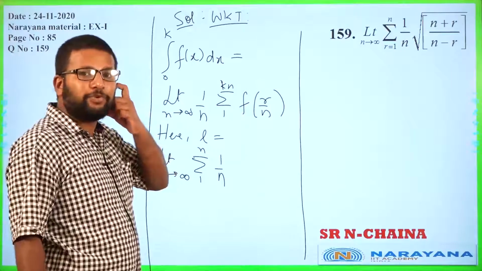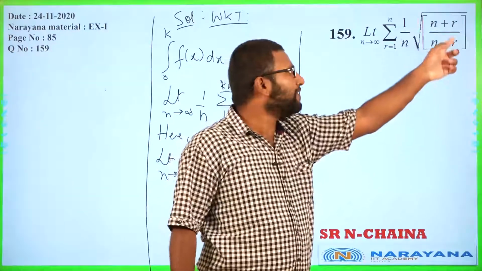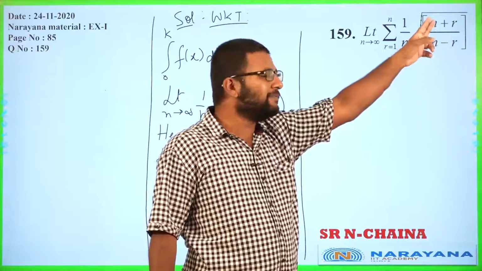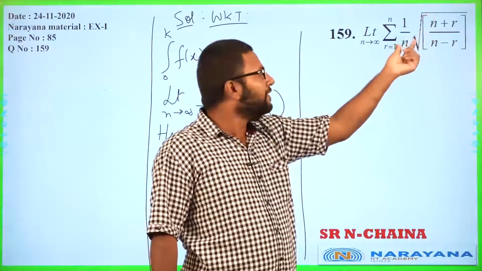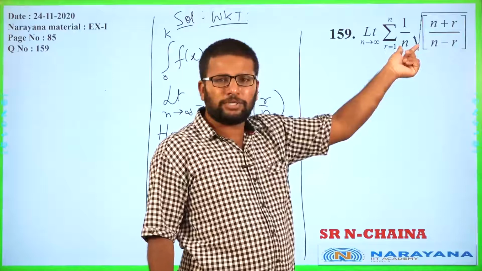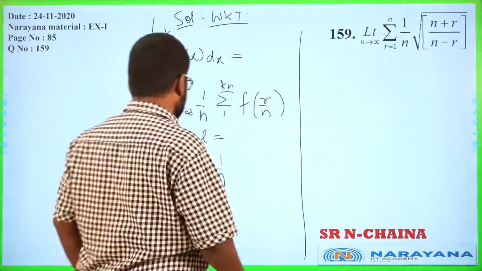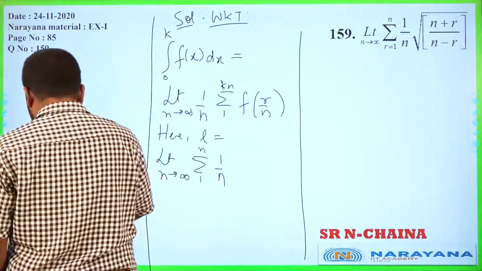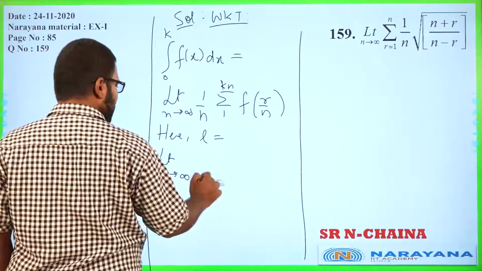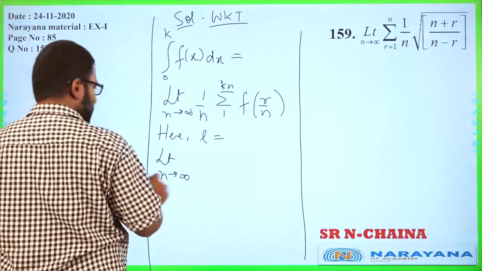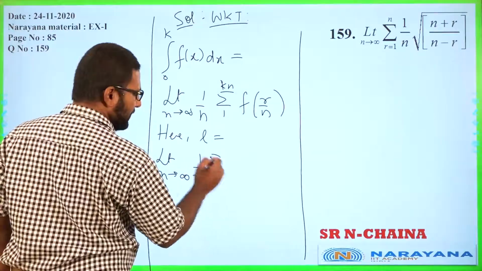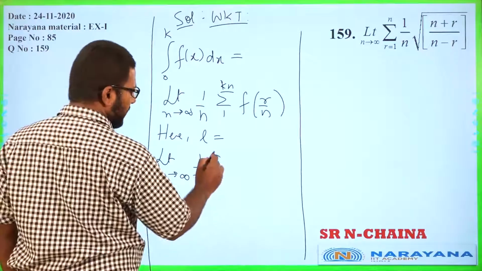If you understand summation, you will realize that summation is over r. r is changing 1, 2, 3, 4 and so on, which means any constant, 1 by n is a constant, right? Any constant can simply come outside the summation. So without thinking too much, we can actually bring the 1 by n outside the summation. So then it becomes 1 by n summation, this is 1 to n.